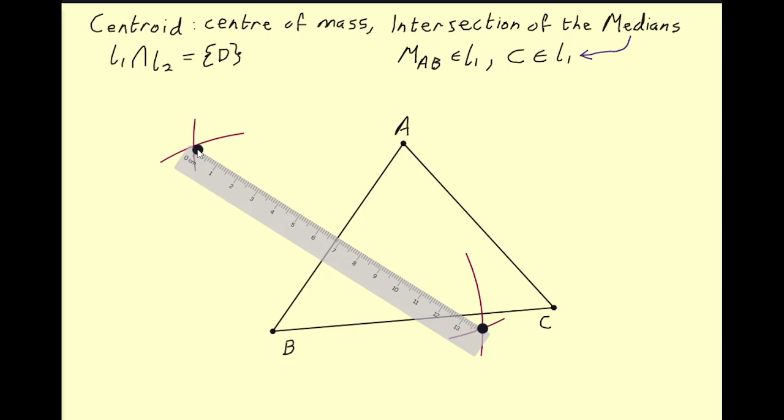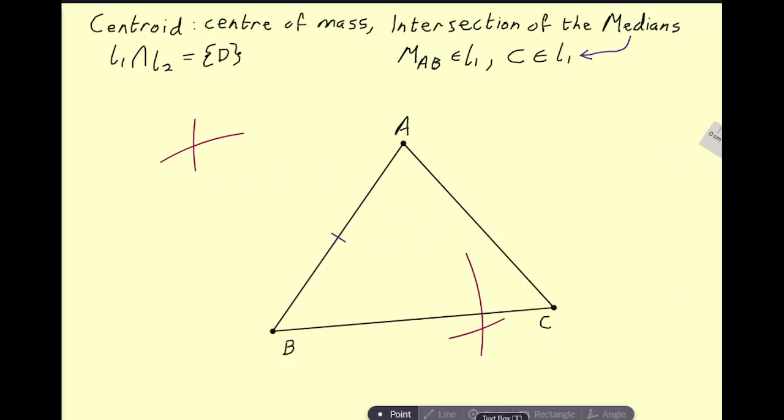So make sure everything has lined up very neatly on your crosses, and then we're just going to put a little mark there, a little mark here, where we have gone to the midpoint of AB. I can get that out of the way. So that is my midpoint of AB.